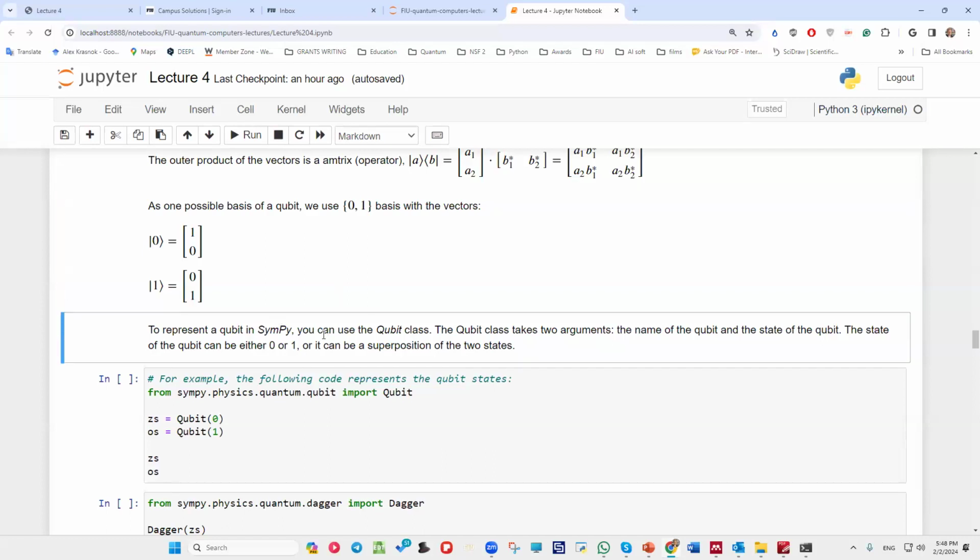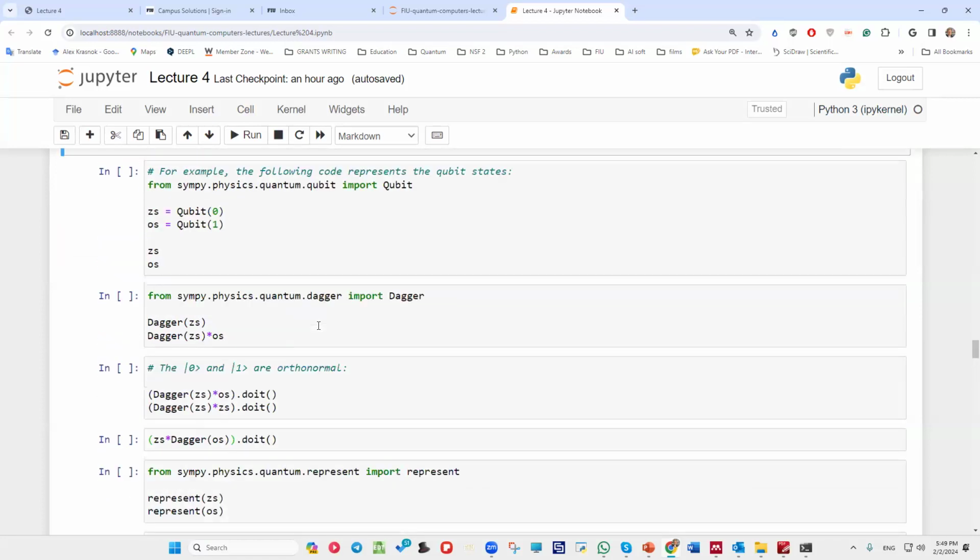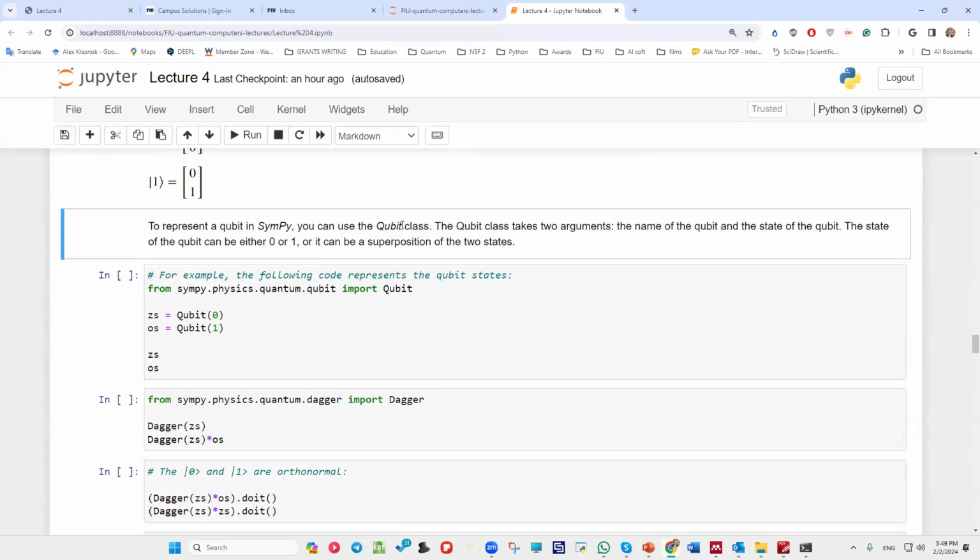To represent a qubit in what follows, we will use this qubit class from SymPy. Last time I encouraged you to go to SymPy Physics Quantum and look through.